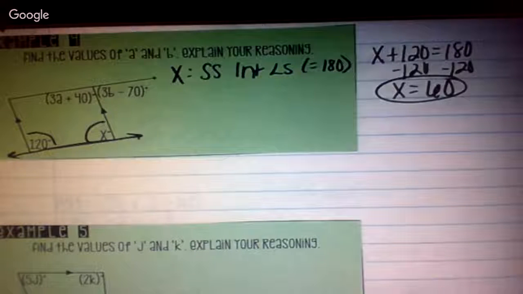But look, one says 3A plus 40, the other one says 3B minus 70. You both have two unknowns. So you can do 3A and then 3B, right? Okay. Sienna says I can do 3A plus 40 equals 120. Tell me why.